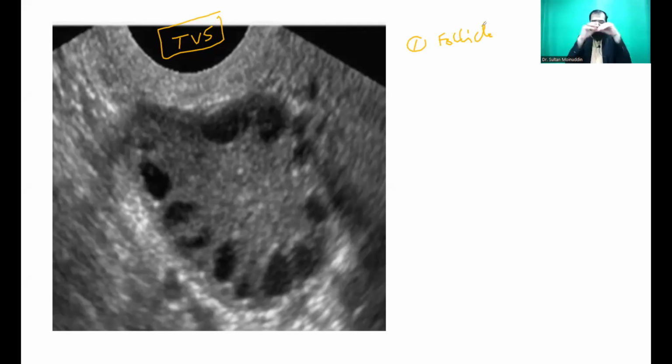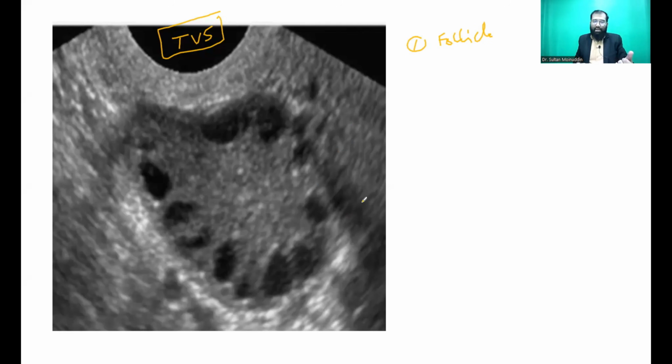You keep on searching for the ovaries, you don't get them. So sometimes you have to do manipulation, that is, ask the patient to put hands under their waist and raise their waist, so that the entire pelvis gets pulled up and you would be able to manipulate more and the ovaries get visualized.